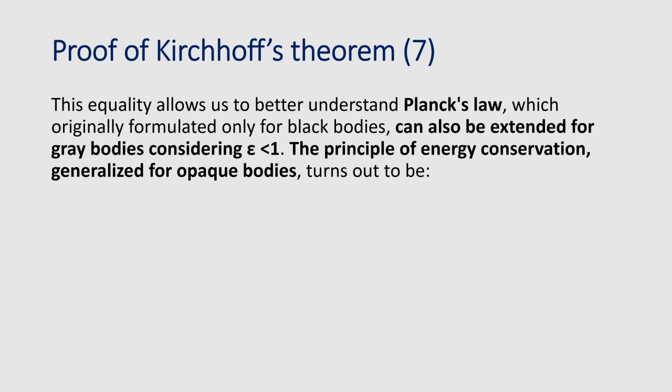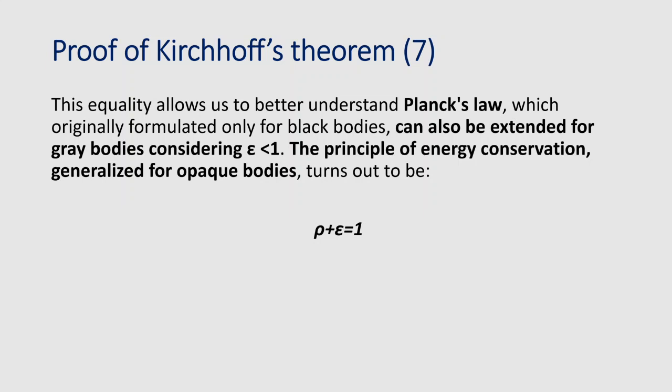This equality allows us to better understand Planck's law, which, originally formulated only for black bodies, can also be extended to gray bodies, considering that epsilon is less than 1. The principle of energy conservation, generalized for opaque bodies, turns out to be what?